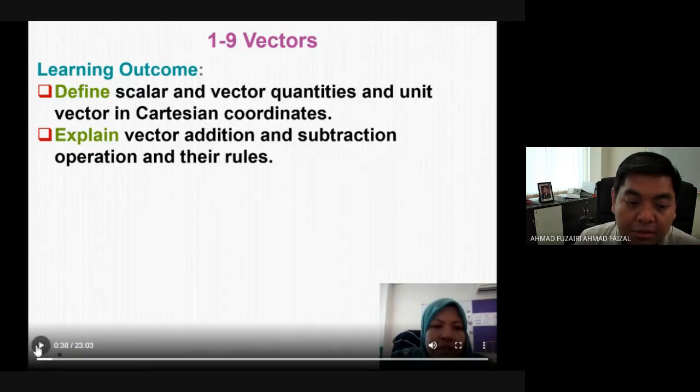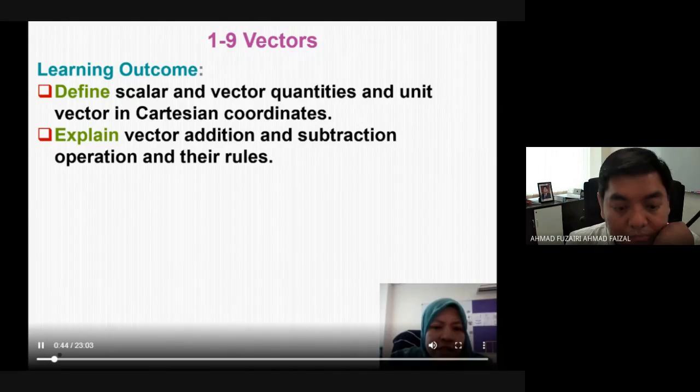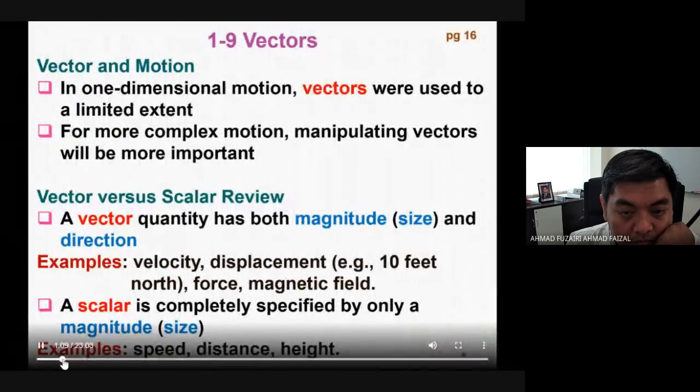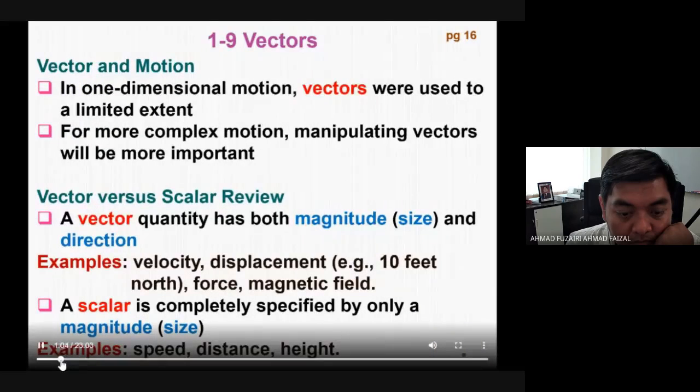Okay, continue. Scalar and a vector quantities and unit vector in Cartesian coordinates. And then number 2, explain vector addition and subtraction, operation and their rules. You only have one direction. Vector motion.